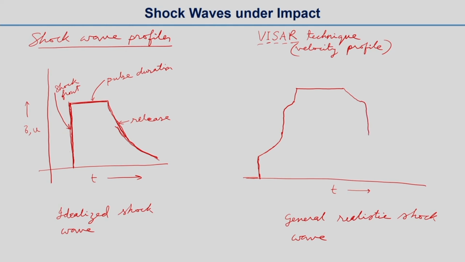It will go down and go up, something like that. This is the elastic part, with the elastic modulus, and this limit is called the HEL, the Hugoniot elastic limit, which we will discuss again later.